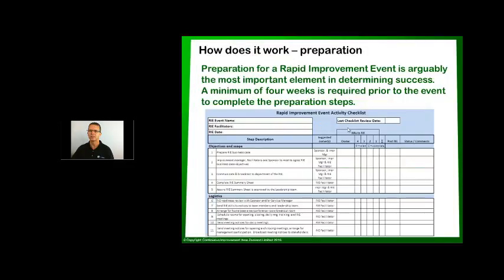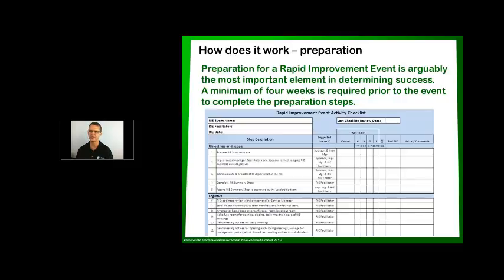So let's talk a little bit about the preparation. I think the preparation contributes 60, 70, even 80% towards the success of the event itself. You need a minimum of 4 weeks, and there's quite a number of tasks that need to be completed during that time.